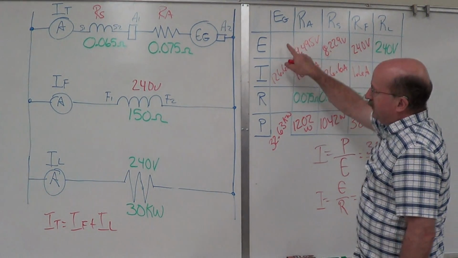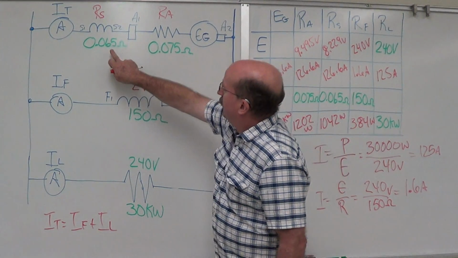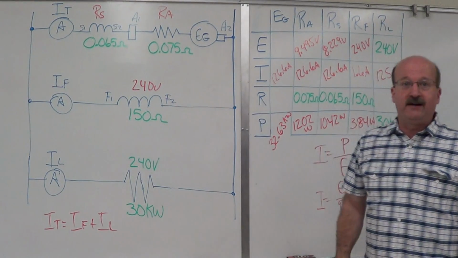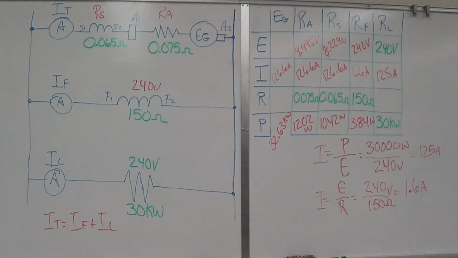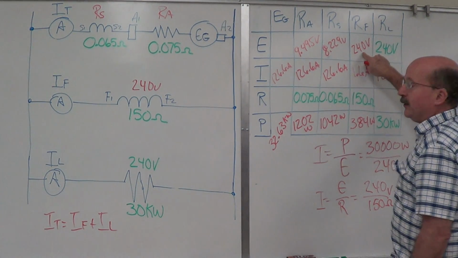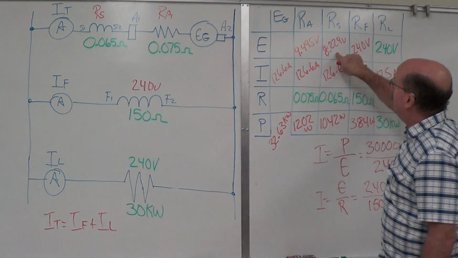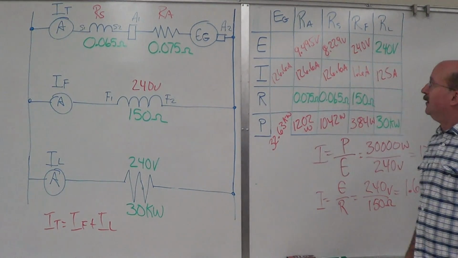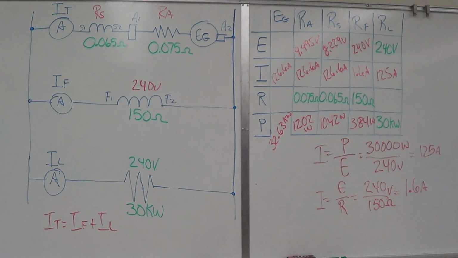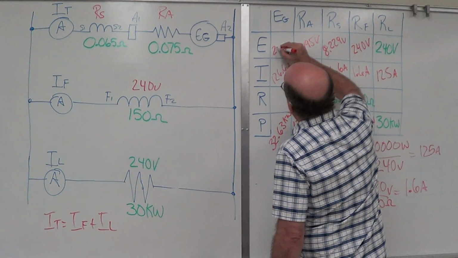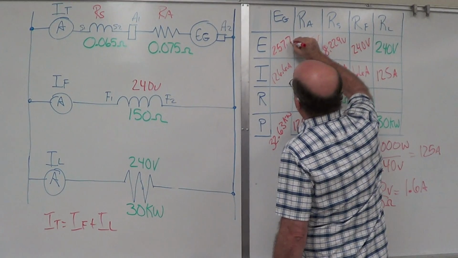Now, our total voltage, we've got 240 plus this voltage drop plus that voltage drop will be equal to our generated voltage inside the armature. We don't add the 240 twice, do we? Because they're in parallel, it's the same voltage. So 240 plus 8.229 plus 9.495 gets us a nice 257.7 volts.